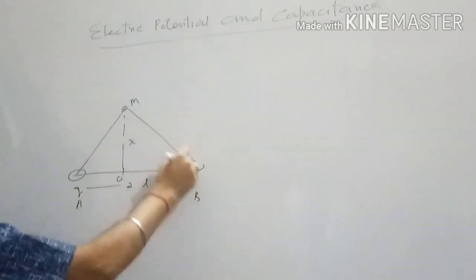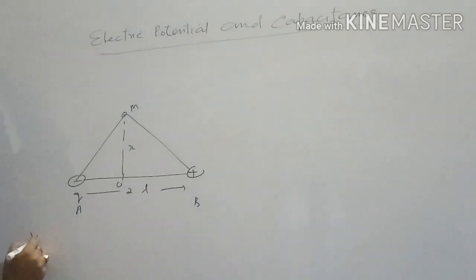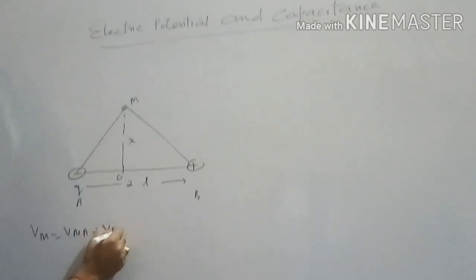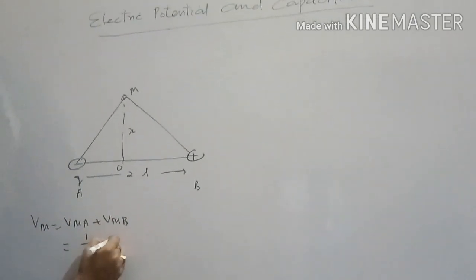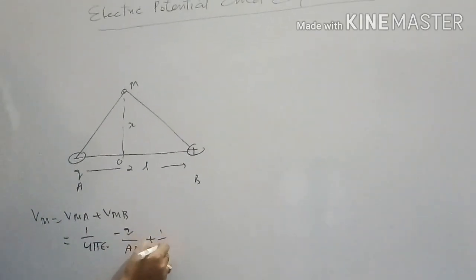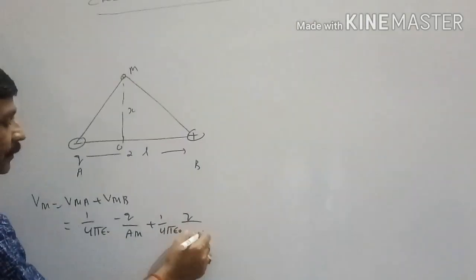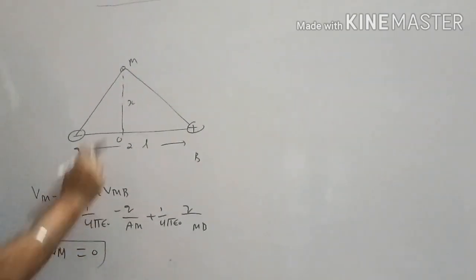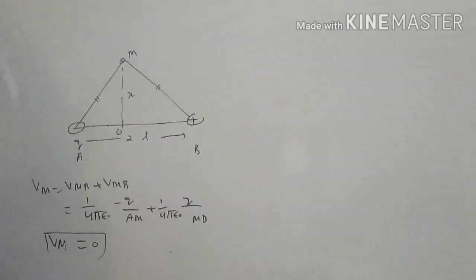Here also we have two potentials, one at M due to A, one at M due to B. So the total potential at M will be the potential at M due to A plus the potential at M due to B: 1 upon 4 pi epsilon naught times minus Q upon AM, plus 1 upon 4 pi epsilon naught times Q upon MB. That is 0 because AM and MB will be equal. If you apply the Pythagoras theorem, this side will be equal to this side.